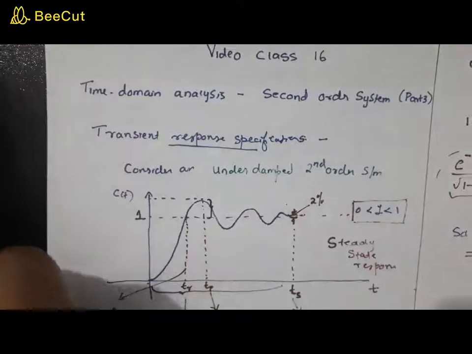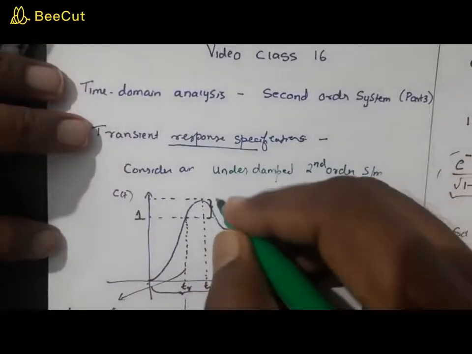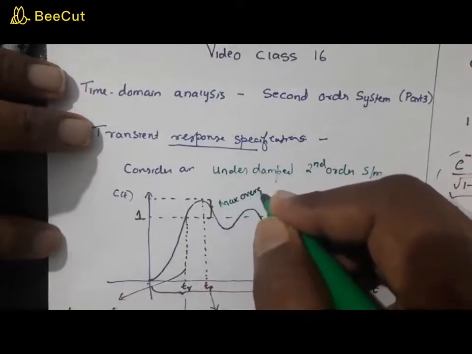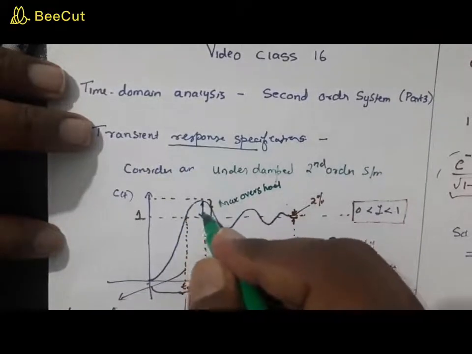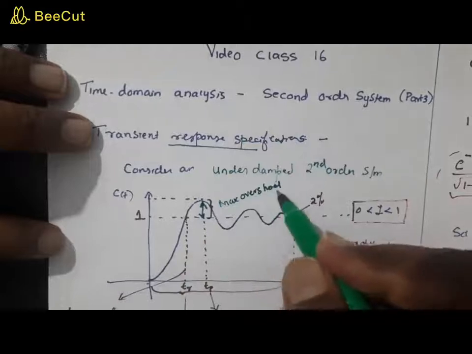This deviation, which I'm marking with the green ink, is what is called the maximum overshoot.